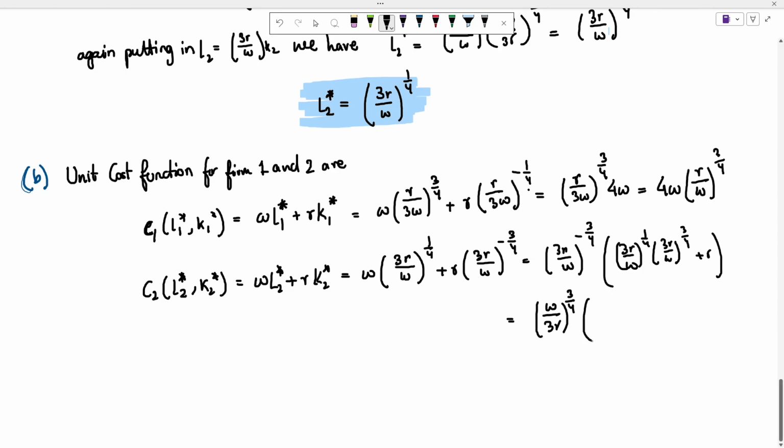Okay, there was an omega here, right? We missed that. So it would be just 3r by omega, and omegas are going to cancel out. We are going to have 3r plus r, which is just 4r, right? So something very similar to this.